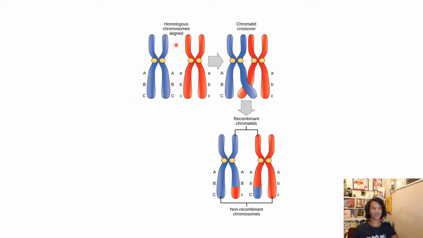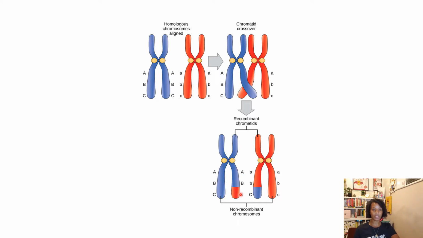During crossover, these are aligned in a synapse, but we have them side by side for illustrative purposes here. So during crossing over, literal pieces of each chromosome are exchanged where they touch. So this is touching right here, which means that as this process moves into metaphase, this piece of DNA is exchanged between each chromosome.